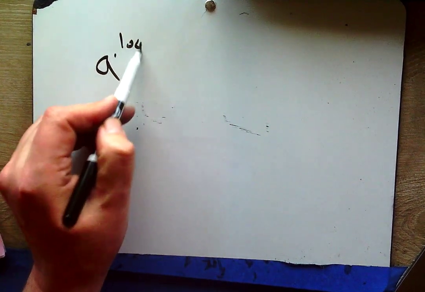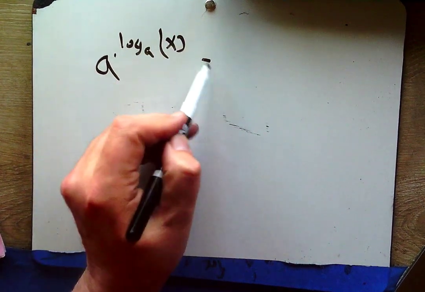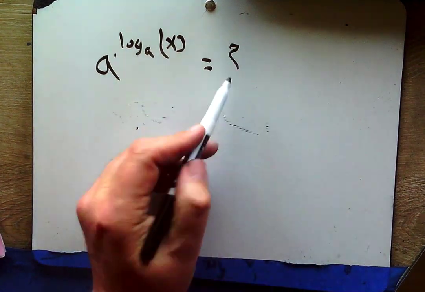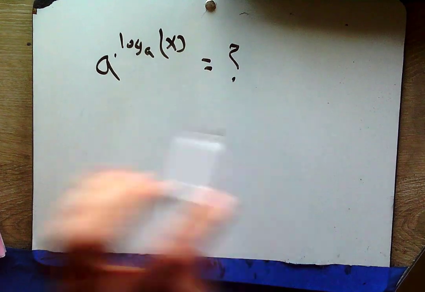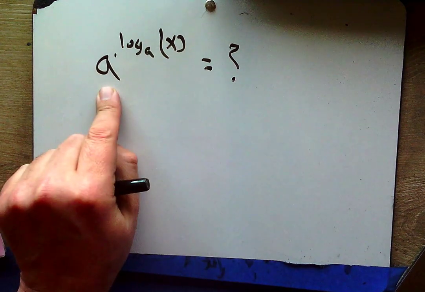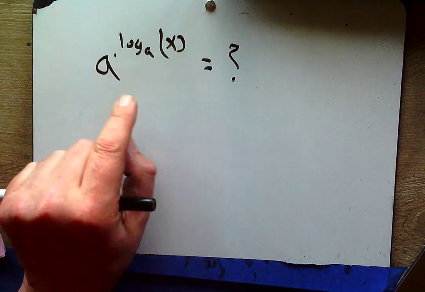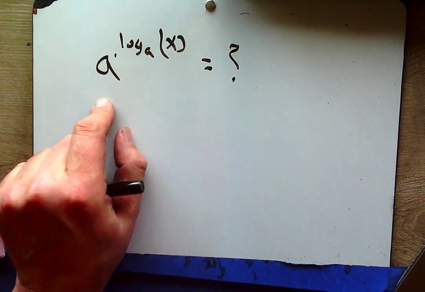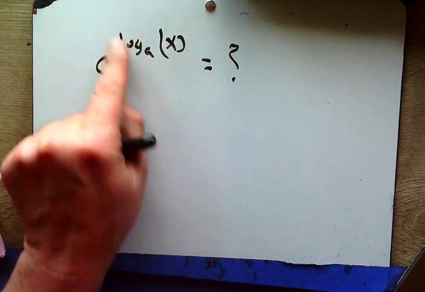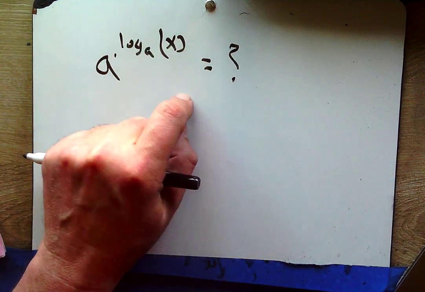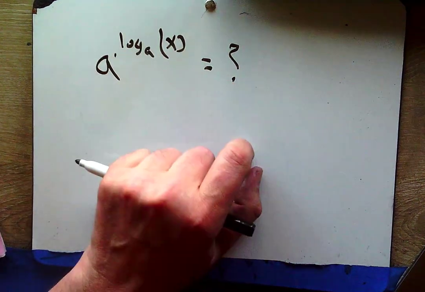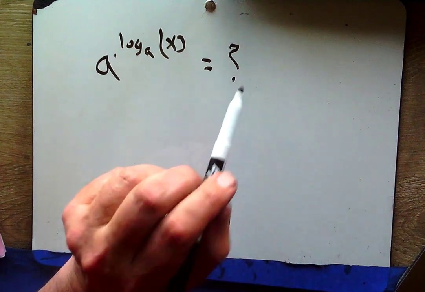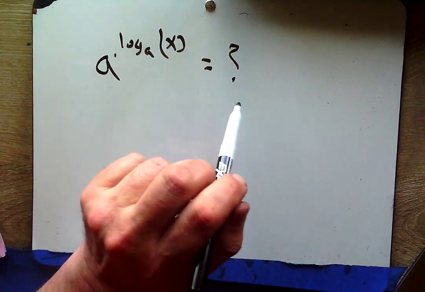A to the log base a of x equals what? Well, that's not a log. So I can't rewrite that as an exponential. It already is an exponential. I could think about rewriting this, but I can't connect it to that. So here's what I recommend.